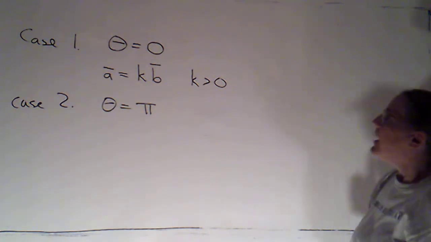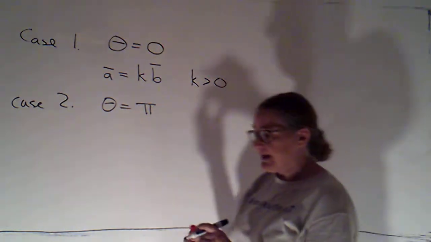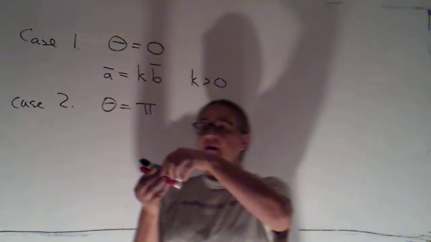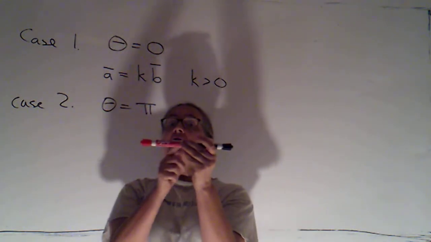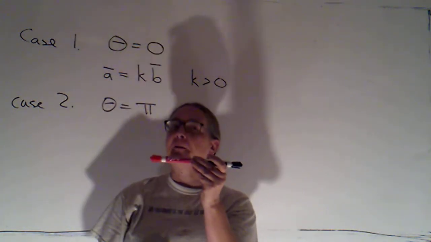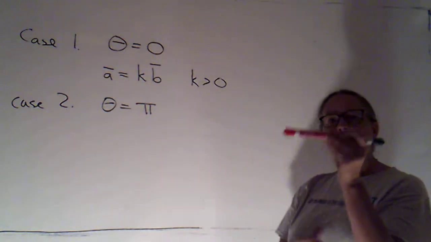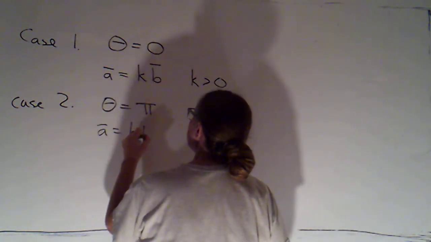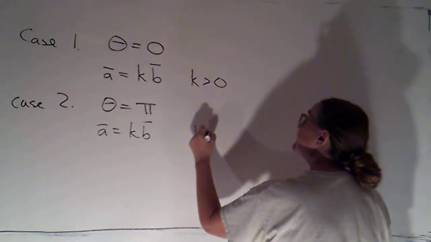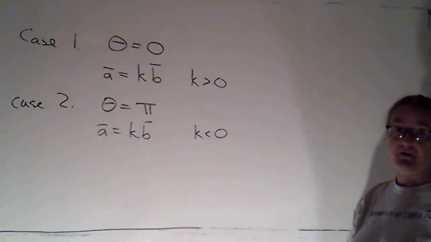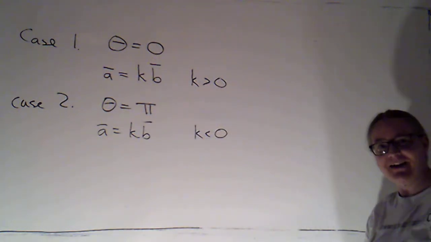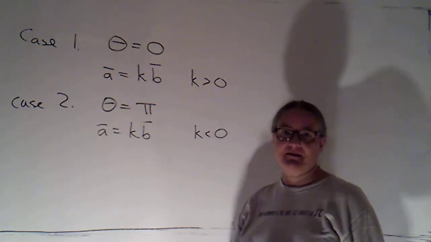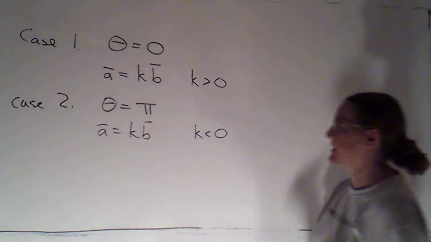So if theta is equal to pi, that's going to be a situation where the angle between my vectors is pi, so that they're pointing in exact opposite directions. So again, that's going to mean that A is a multiple of B, but in this case it would be a negative multiple, because if I multiply a vector by a negative number, it reverses the direction.